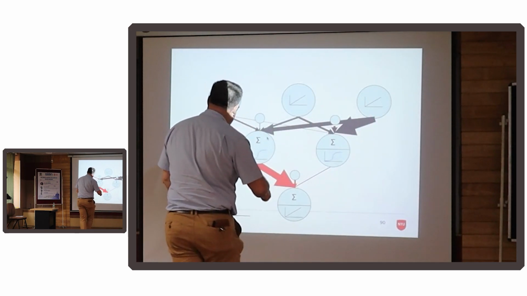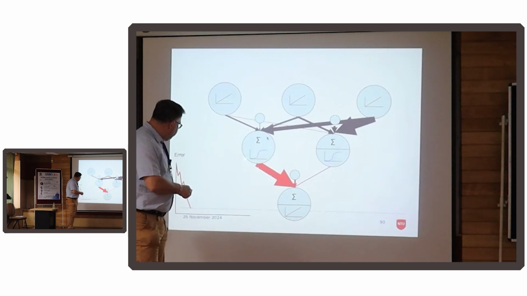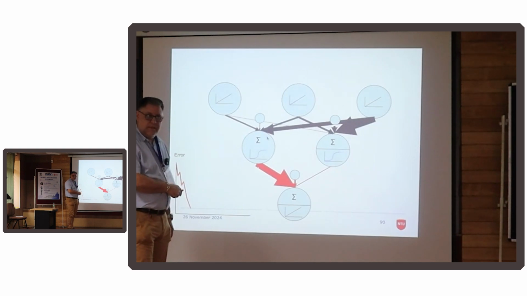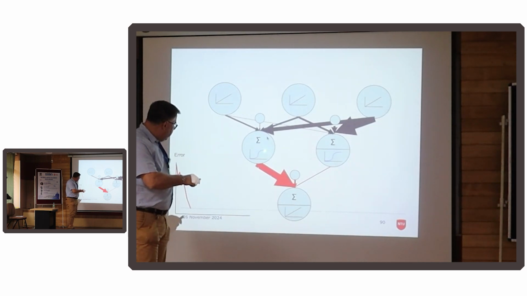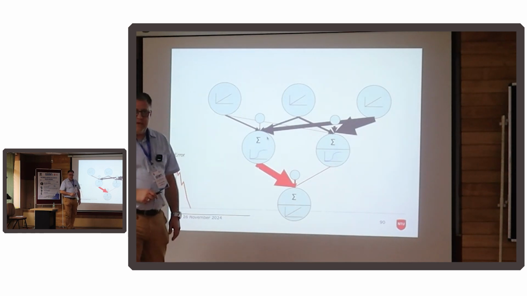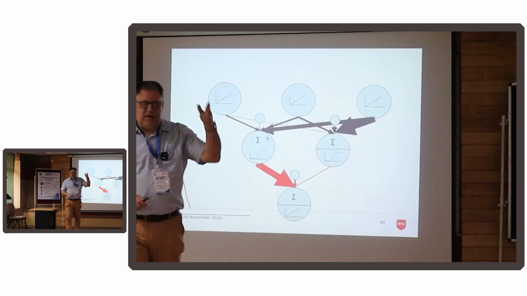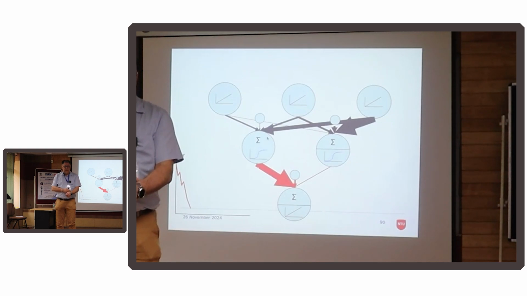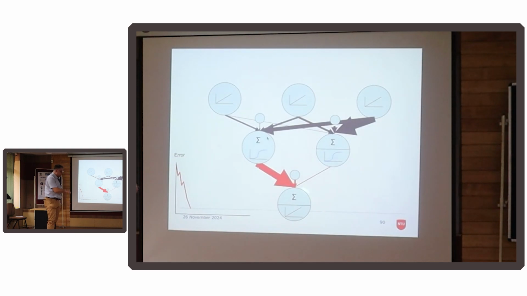So the number that comes from this sum is passed on to this function. If, for example, it's very low, then the output's low. If it's high, the output's high. So it's transforming that number onto an S-shaped curve, and that dictates what comes out of that node into the next layer.